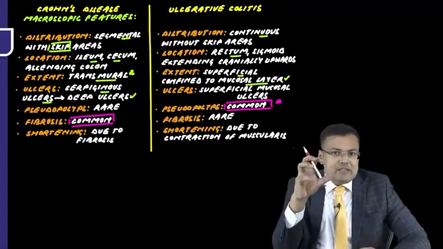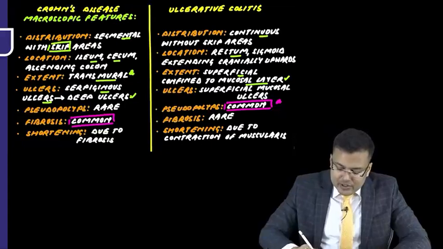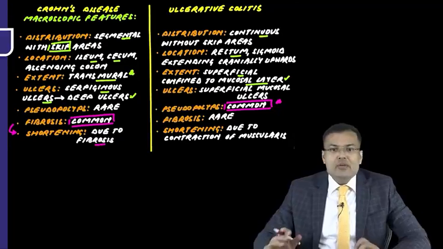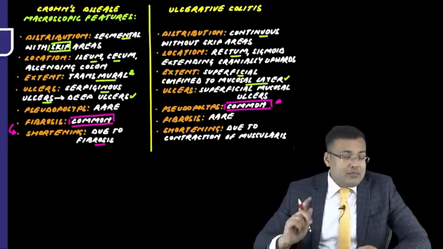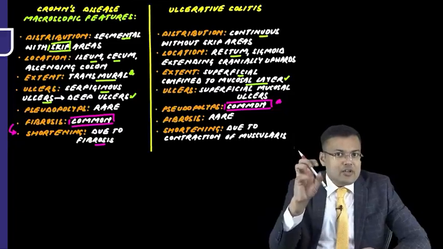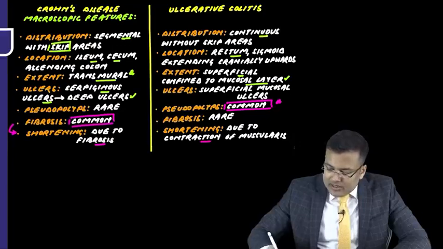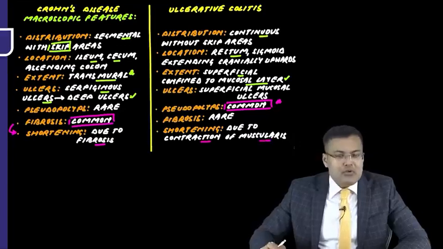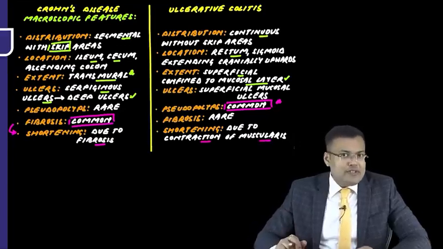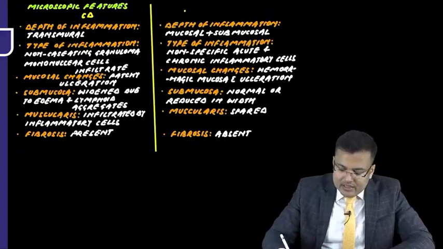Since there is extensive fibrosis in Crohn's, there is shortening because of fibrosis. In ulcerative colitis also shortening occurs, but here it is not due to fibrosis; it is because of contraction of the muscularis. So these are the macroscopic features. Now see the microscopic features of Crohn's disease and ulcerative colitis.